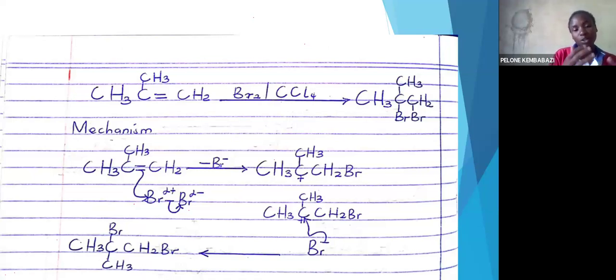So for this case, I first tell the examiner that 2-methylpropene reacts with bromine in presence of carbon tetrachloride to form 2-methyl-1,2-dibromopropane.